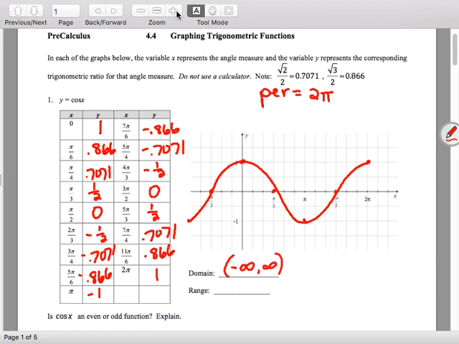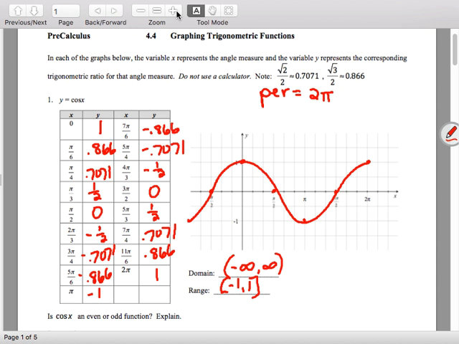So the domain is negative infinity to infinity. And what's my range? Negative 1 to 1. The range are the y values, the domain are the x values. That's a bracket there. So it's negative 1 to 1.